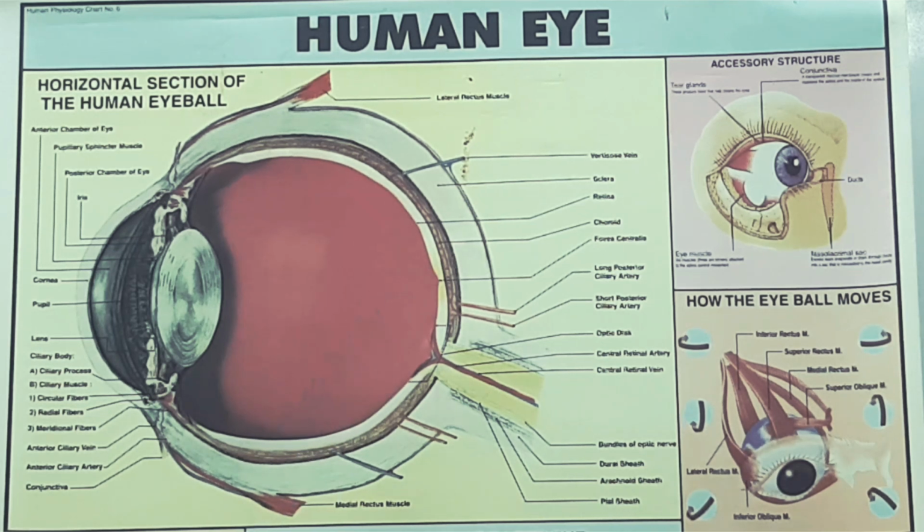The image formed here is real and inverted, and this image, or you can say the visual impulse, is carried by the optic nerve from the fovea centralis to the brain. After analysis we can see various objects.